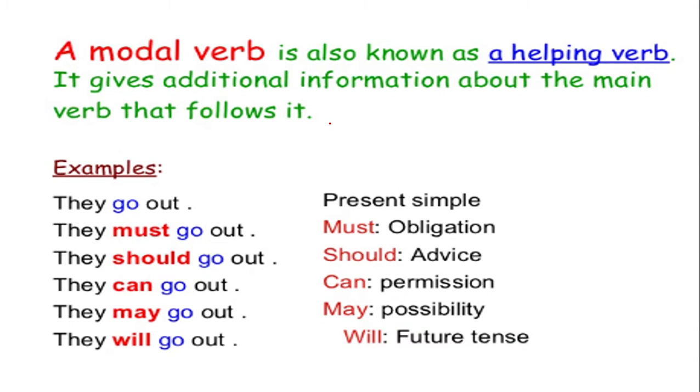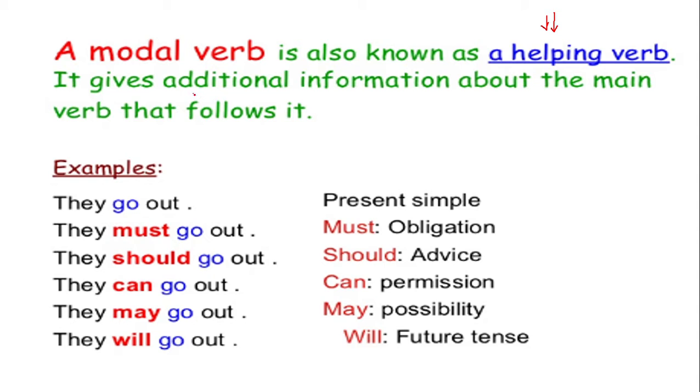Now, what is a modal? A modal verb is also known as a helping verb. It is clear from this name, helping verb, that it helps the action verb put more effort and more pressure.